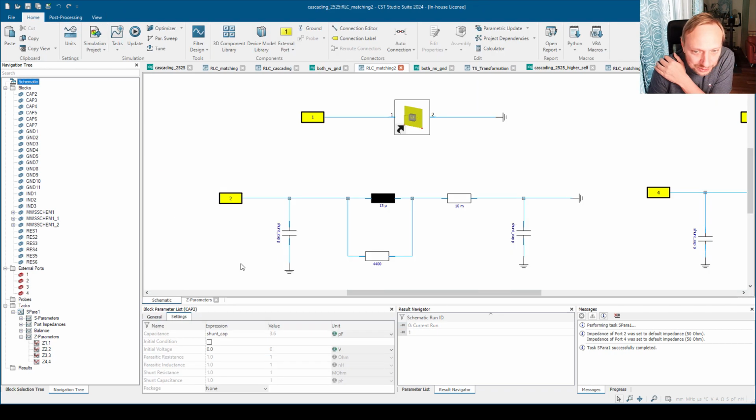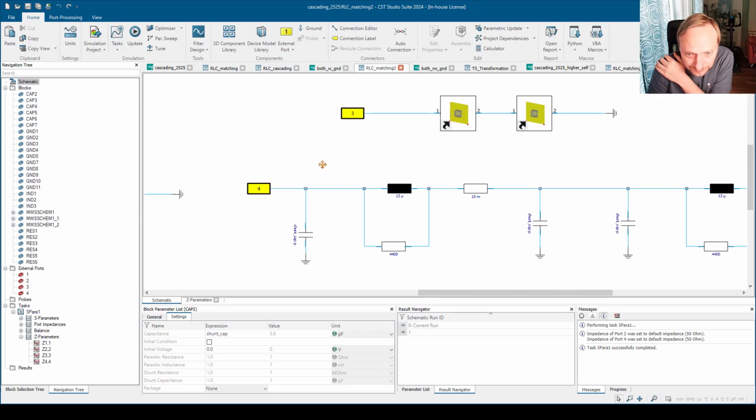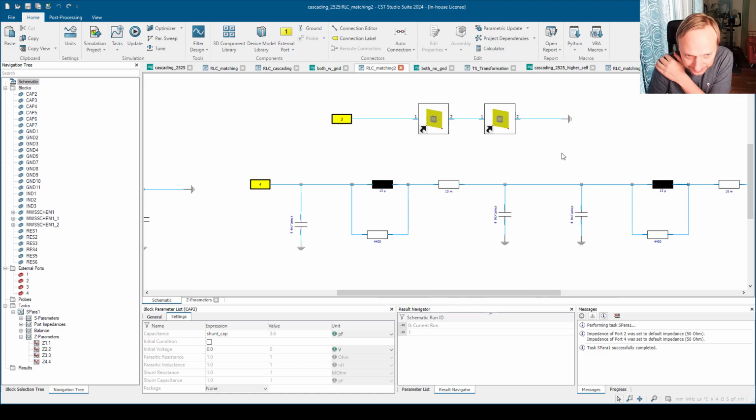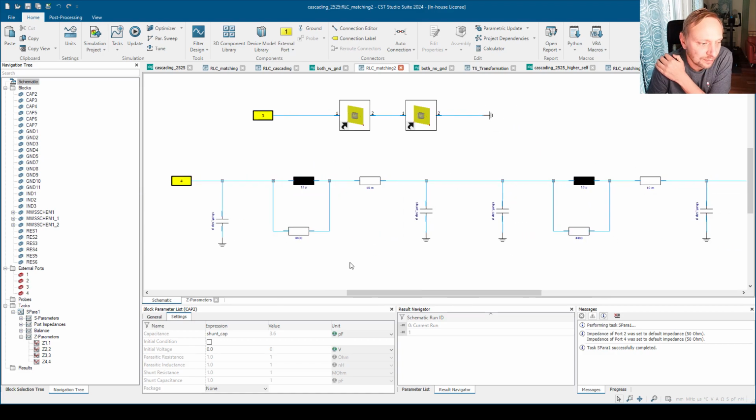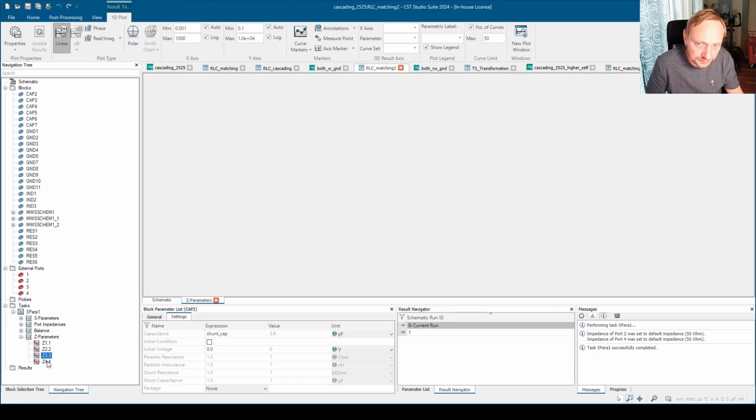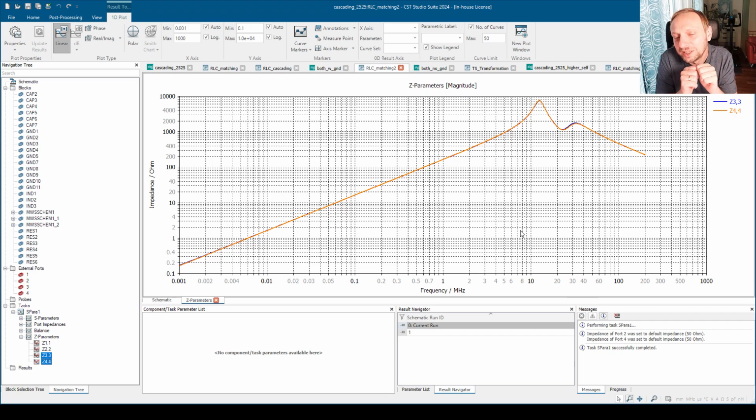And now if we continue, and we cascade it like I did before, if we cascade this particular model where we have the shunt capacitances, now that's the 3 is the cascading of the touchstone file, 4 is the cascading of my shunt capacitance model. And if we look at them, they match very well, right? So now I have selected the proper RLC model to mimic the behavior of the touchstone file.